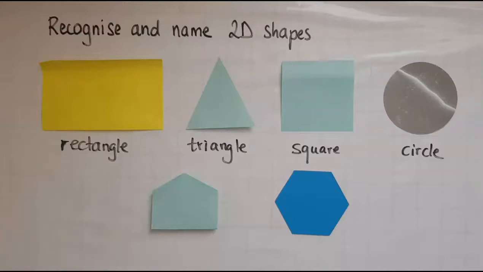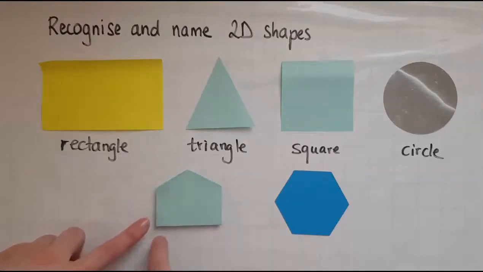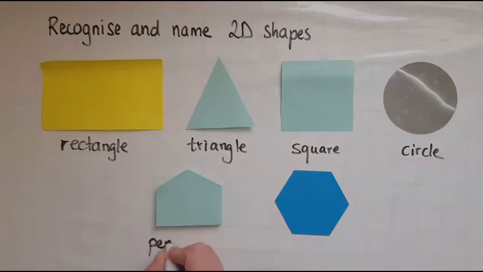The extra shapes you need to know at entry 2 level are these 2. This, what does it look like? It looks like a house, doesn't it? So I will move to a penthouse, because the name for the shape is actually pentagon.